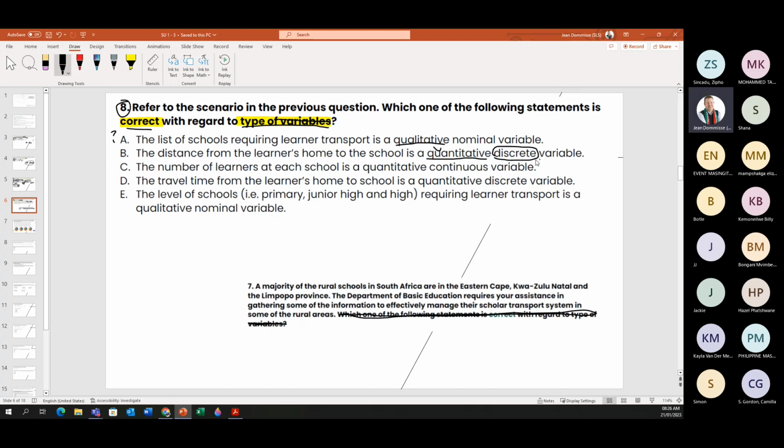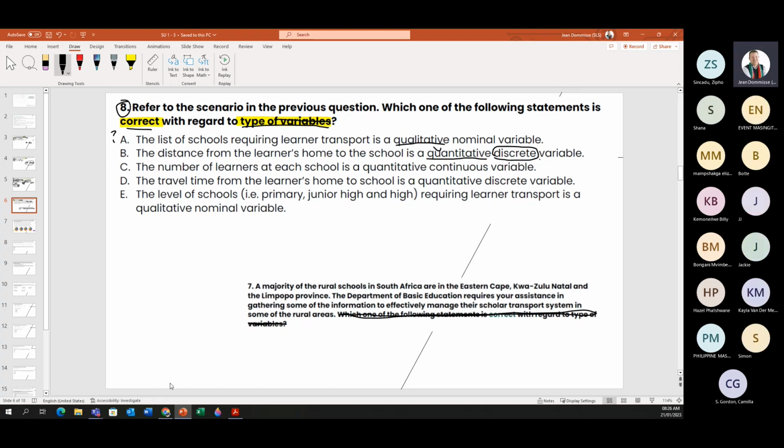The distance from the learner's school is a quantitative variable. So this is taking you back way to the early part of last year. Okay, so the distance from a learner's home to the school, it is quantitative.